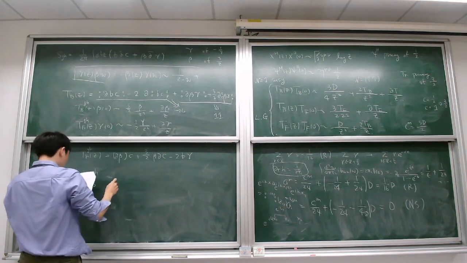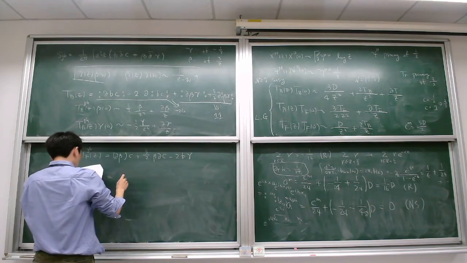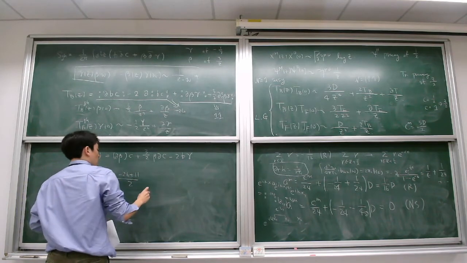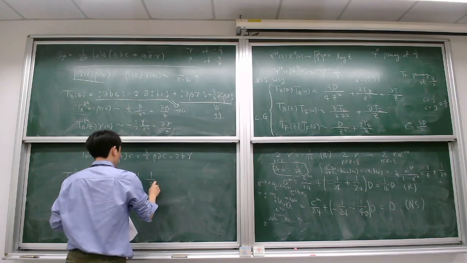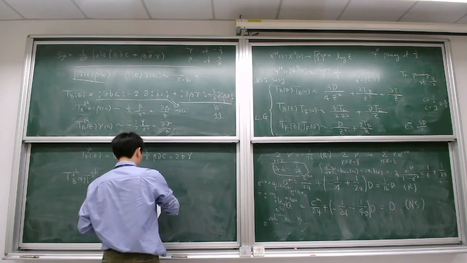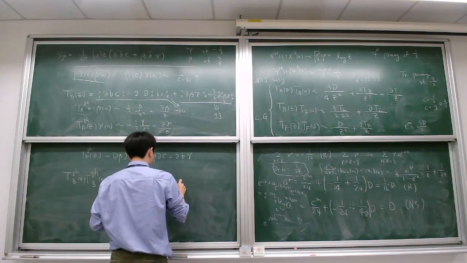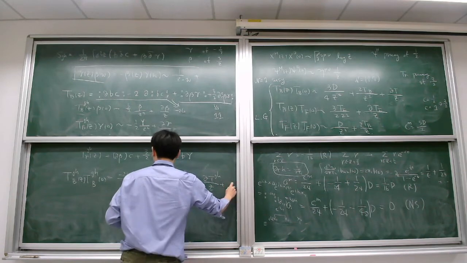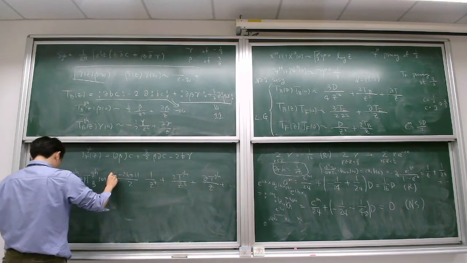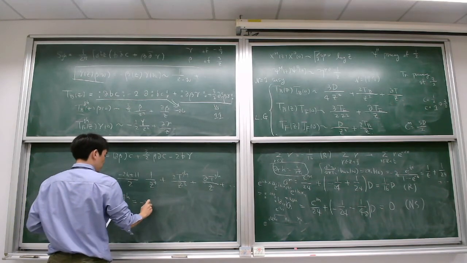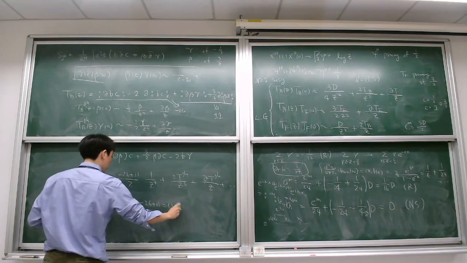So indeed the central charge is minus 26 plus 11, so that c ghost is equal to minus 26 plus 11, which is minus 15.